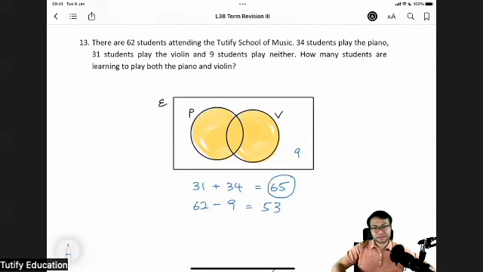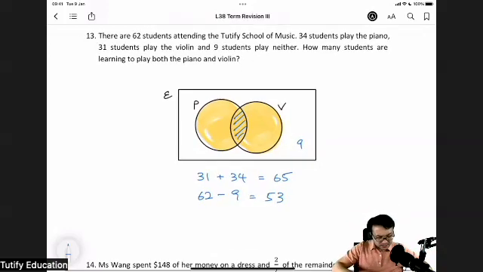What is the reason? Because some people play both, and then you're counting them twice when you're meant to count them once. Very good, because this is the overlapping region and we actually overlap like that. So you ended up counting them twice.